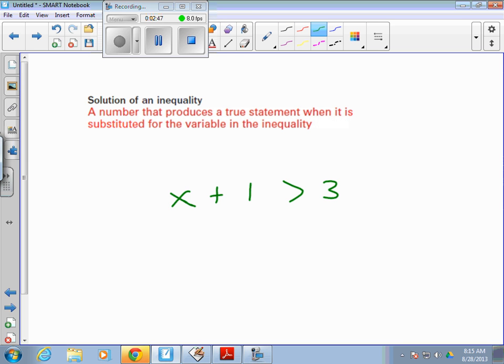Then you know that it is the number 2, but it's not just the number 2. It's x is greater than 2, because anything greater than 2 plus 1 is going to give you more than 3. If we say 4 plus 1, it's going to be greater than 3. 1 plus 1 is not, though.